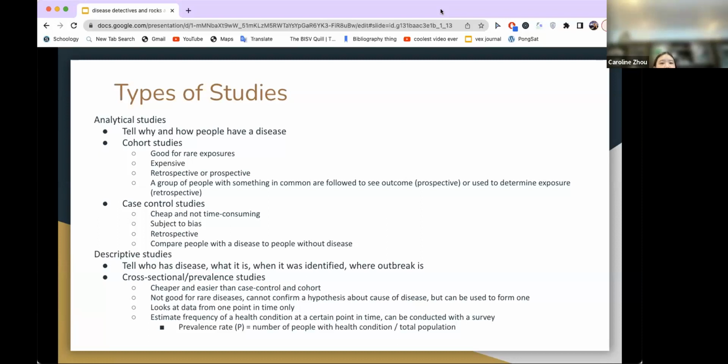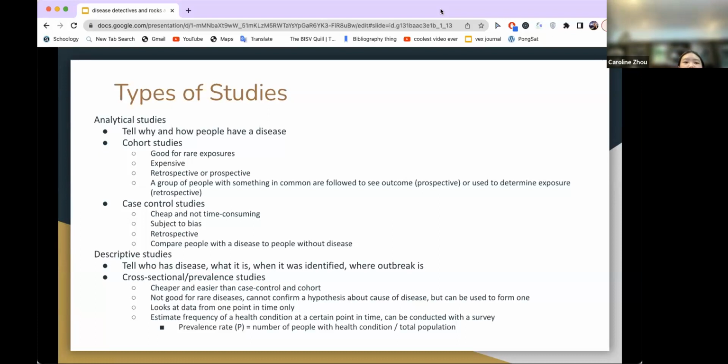Cohort studies are where you gather a group of people with something in common, and you either follow them to see the outcome, which is prospective, or use data from them to determine the exposure, which is retrospective. Benefits are that it's good for rare exposures, but it's also expensive, and it can be retrospective or prospective, meaning looking into the past or the future.